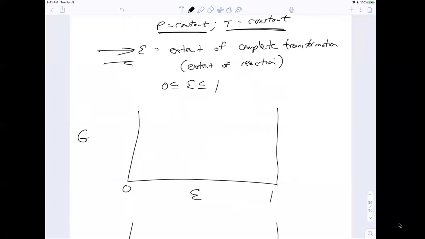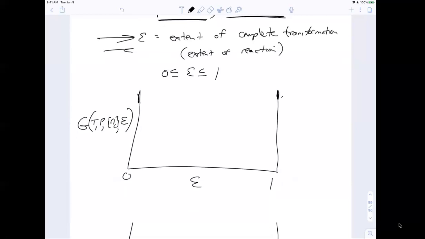G is the appropriate thermodynamic potential. So I'm going to plot G at the temperature and pressure we are interested in, and of course it'll be a function of the moles I have of all of the species, and it's going to have to be a function of epsilon.